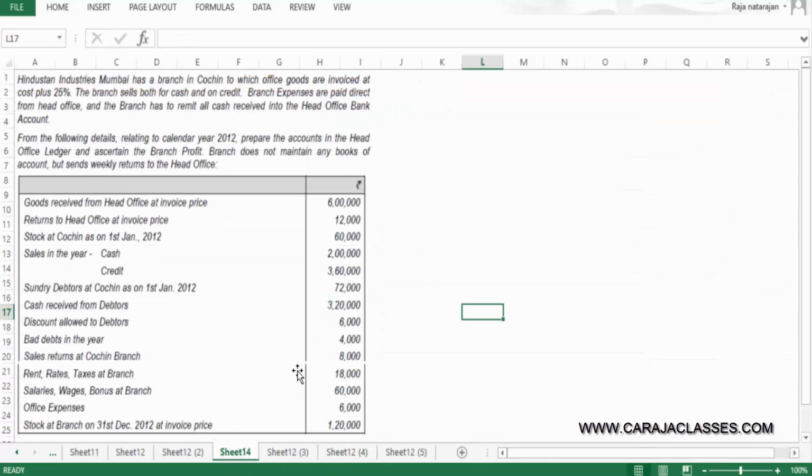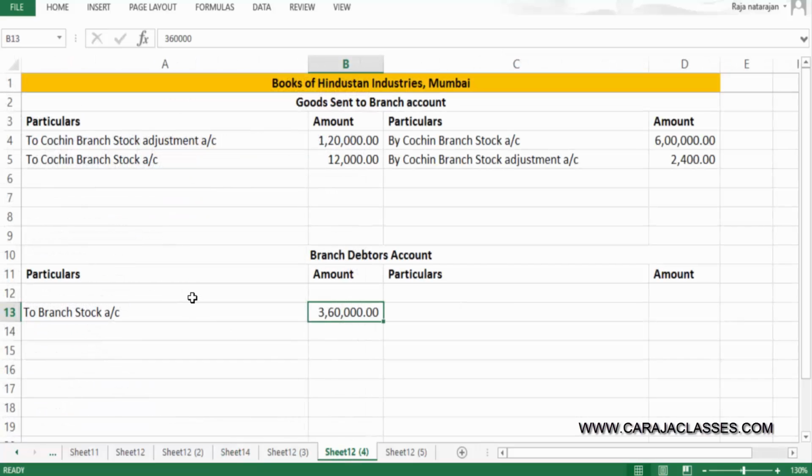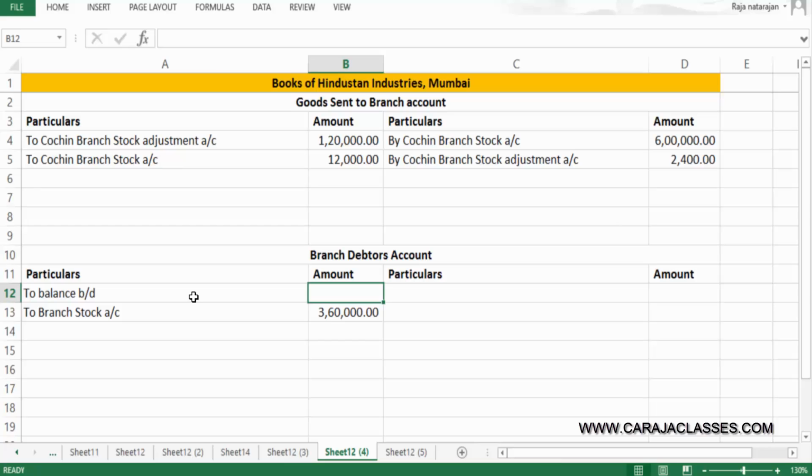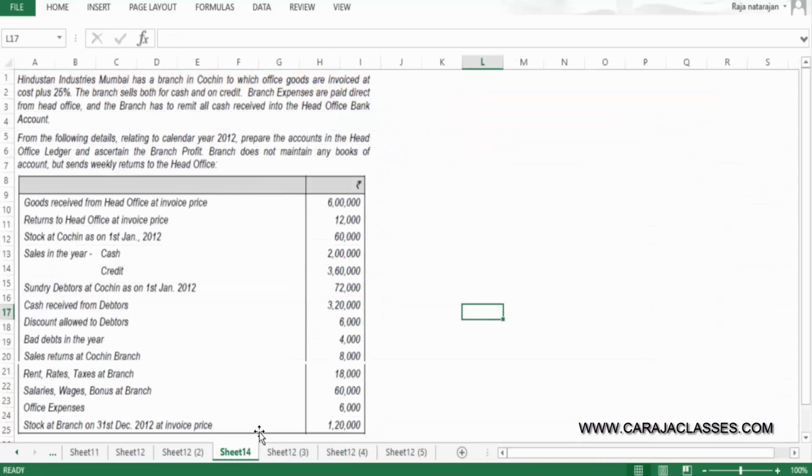So that is taken care of, right? Sundry debtors asset Cochin on 1st Jan 2012 is 72,000. So that's the opening balance which we should capture. We'll say to balance brought down, and it is 72,000. So that is also taken care of.